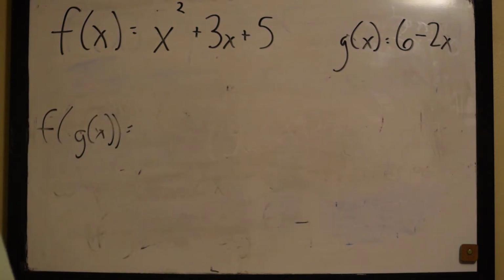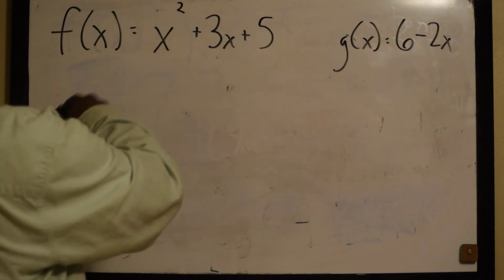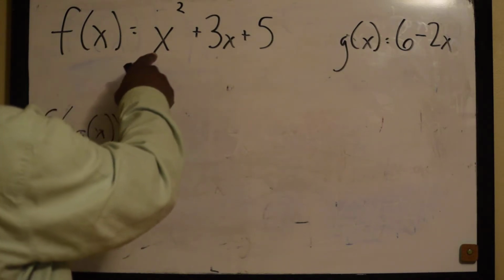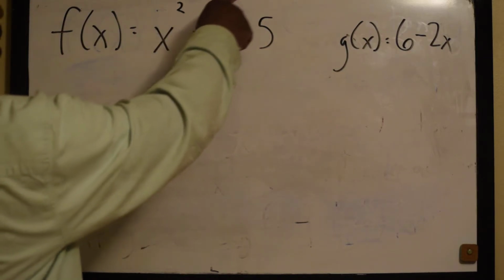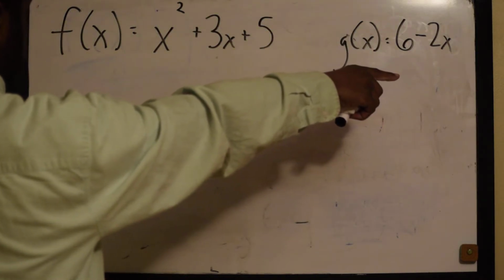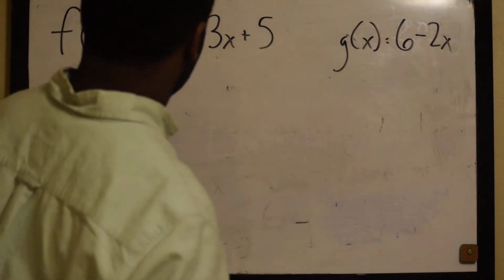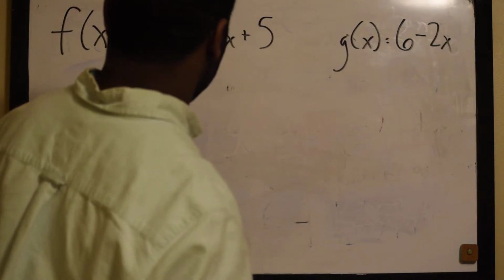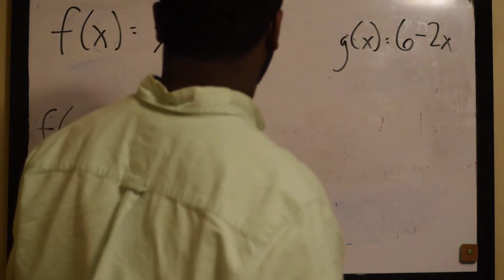So we start with our f function. Everywhere we see an x, we plug in the g of x function. So instead of x squared, this should be 6 minus 2x squared.